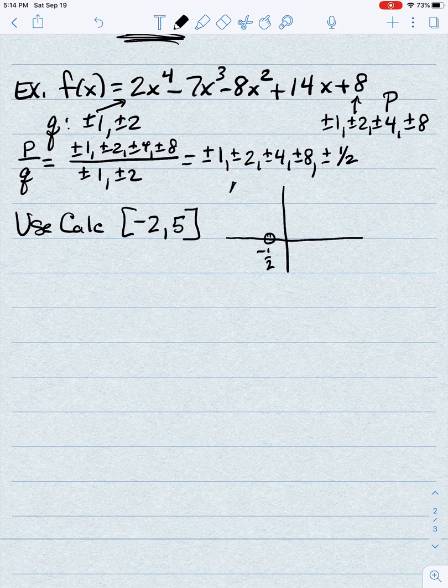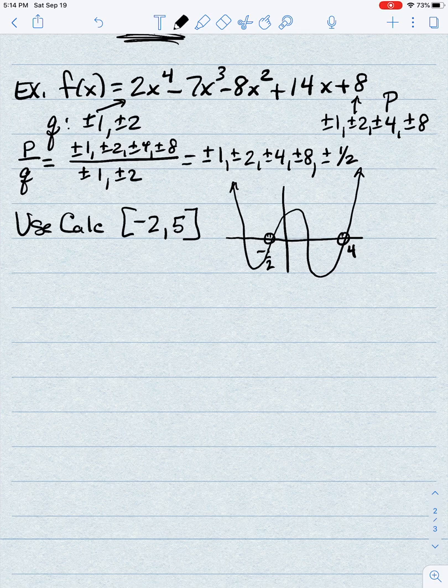It kind of comes down and back up, down and back up, kind of like that. And I also see over here at 4, I see a 0, and while there's a 0 here, it wasn't a nice number, if you will.